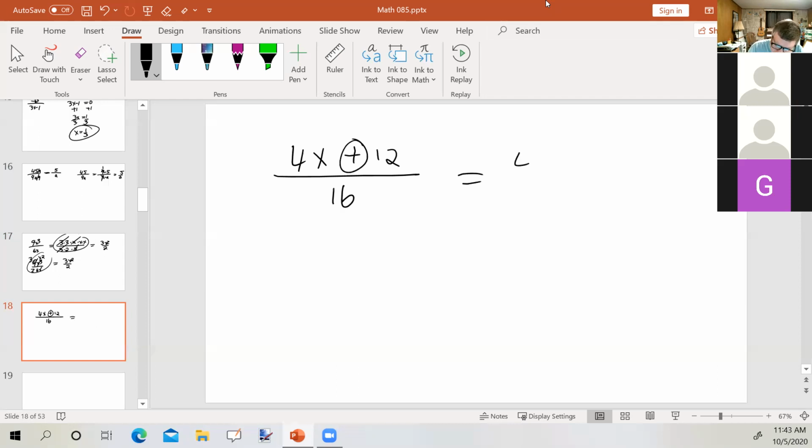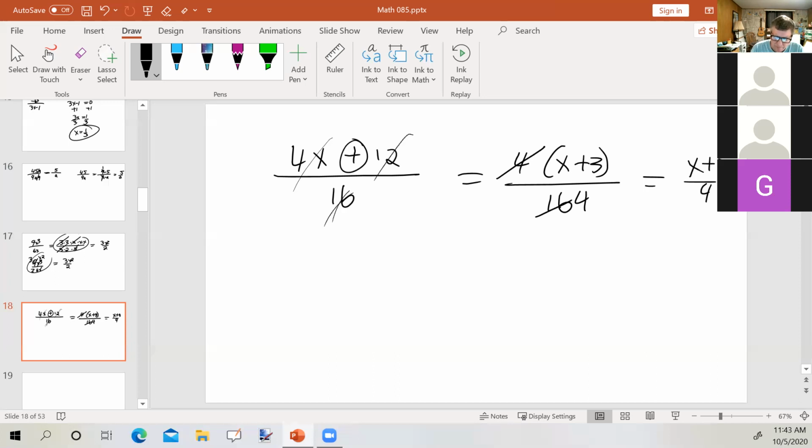But what you can do is factor out a 4 on top. So now the factors of the top are 4 and the quantity x plus 3. And the factors on the bottom are the 16. So 4 over 16 reduces to 1 over 4. So we get x plus 3 over 4. But you can't reduce just that one or just that one.